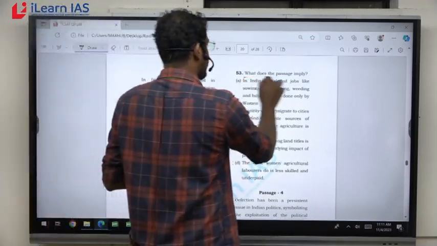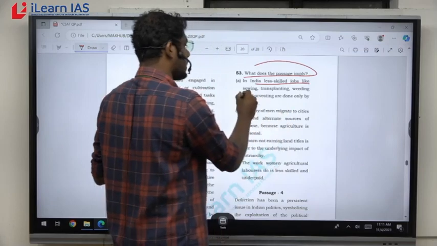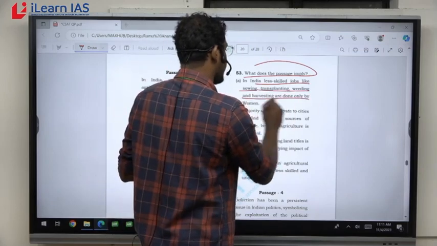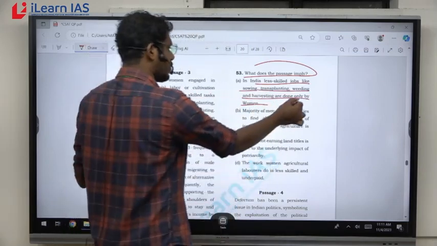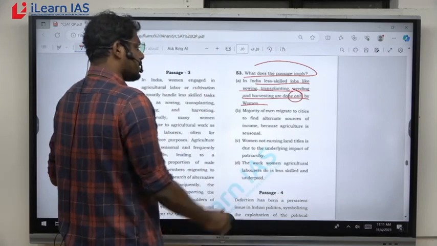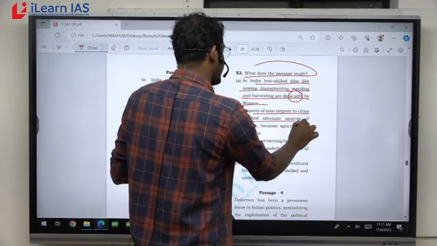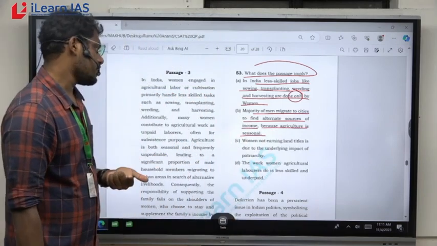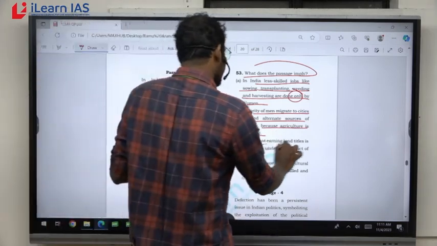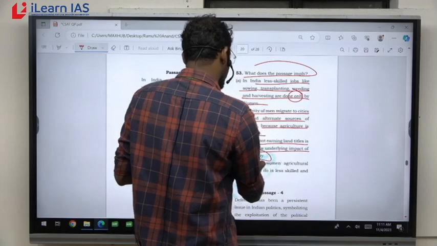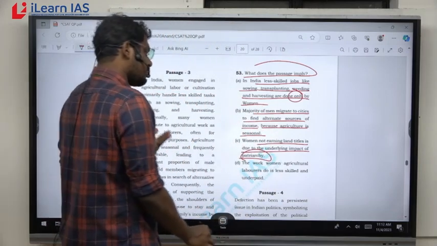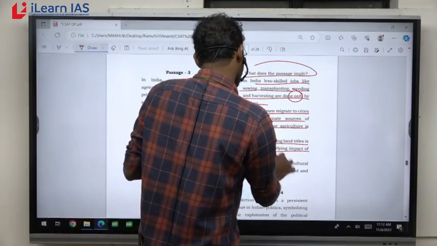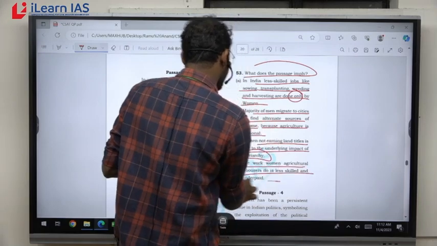What does the passage imply? In India, less skilled jobs like sowing, transplanting, weeding, and harvesting are done only by women. Majority of men migrate to cities to find alternative source of income because agriculture is seasonal. Women not earning land titles is due to the underlying impact of patriarchy. The work women agriculture laborers do is less skilled and underpaid.